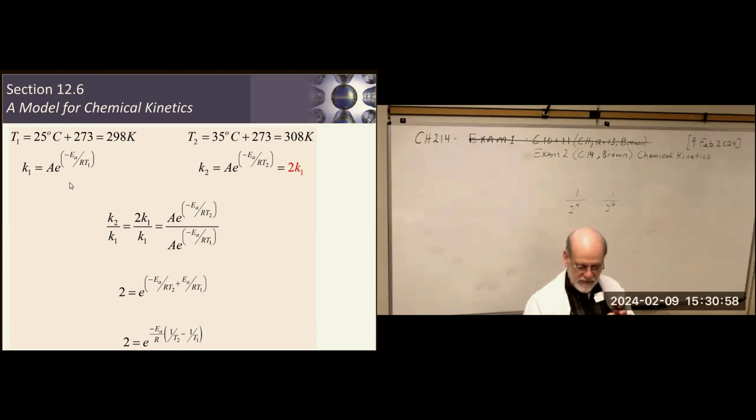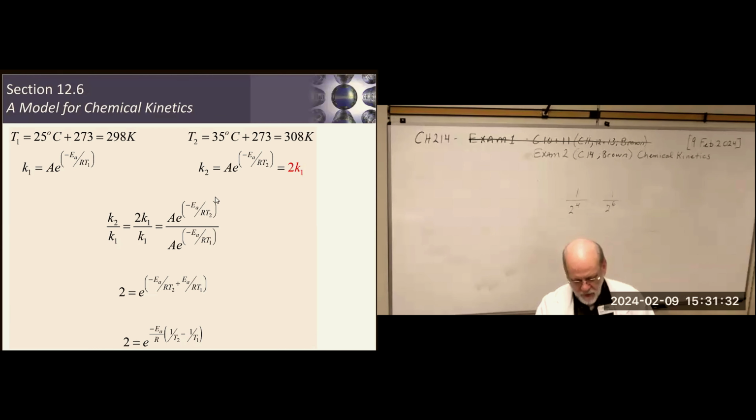And what we notice is that if the reaction rate is going to double at 35 degrees, then k2 is equal to 2 times k1. So now we ratio k2 to k1, which is actually 2k1 over k1.